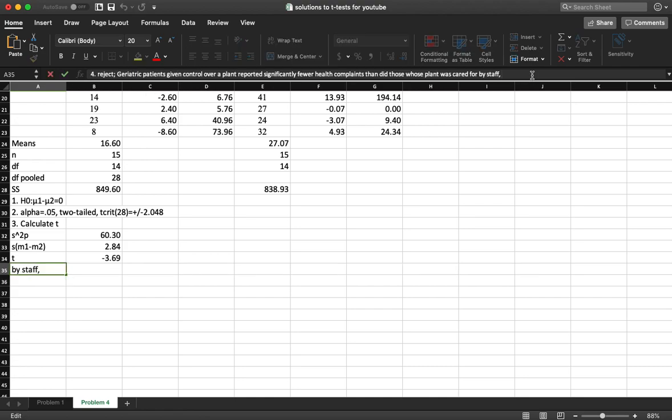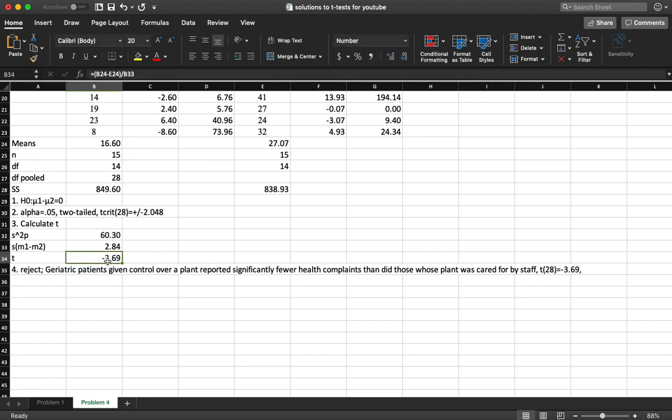All we've got to add is our T, degrees of freedom, and what the observed t-value was, negative 3.69, and the p-value that's associated with it. I have no idea what proportion of area lies beyond negative 3.69 and above positive 3.69, but I know it's smaller than this area that lies below negative 2.048 and above positive 2.048, and I know that that area is equal to 0.05, so that must be less than 0.05.